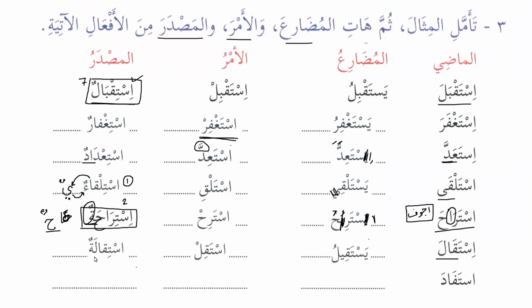So now we can see that we have to add a ta marbuta, and it's because the verb is ajwaf. Istifada, that means to benefit. Istifada, yastafidu, okay. Istafid, excellent. And al-masdar will be istifadatan, excellent.